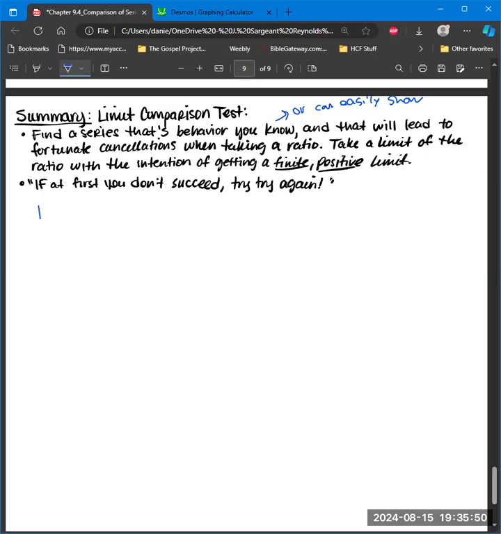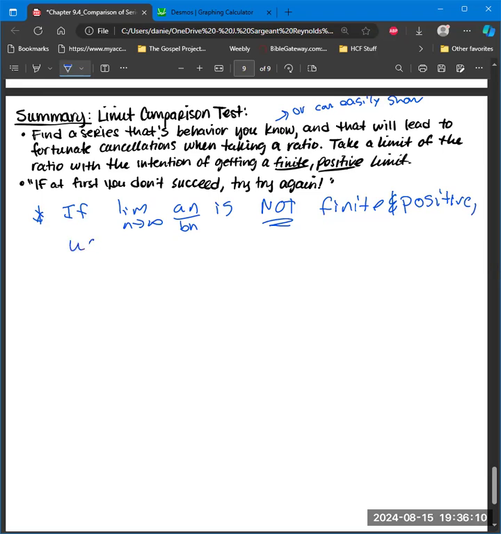If the limit as n goes to infinity of an over bn is not finite and positive, use another test.